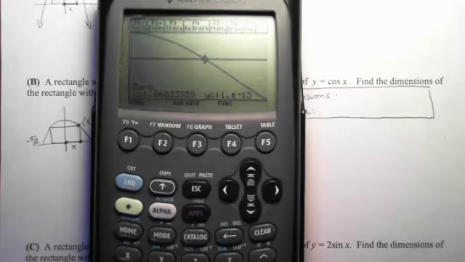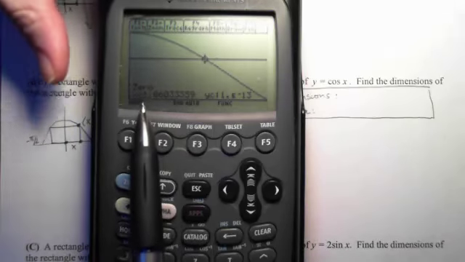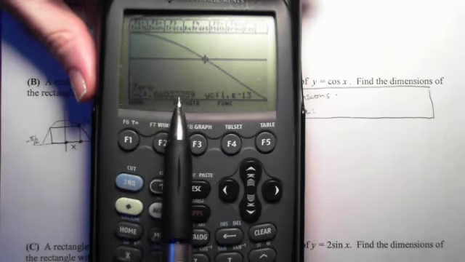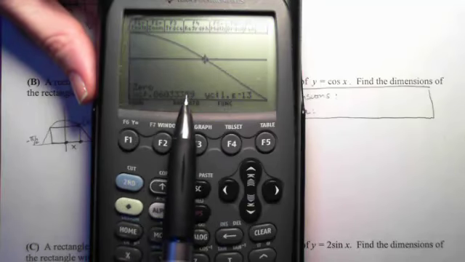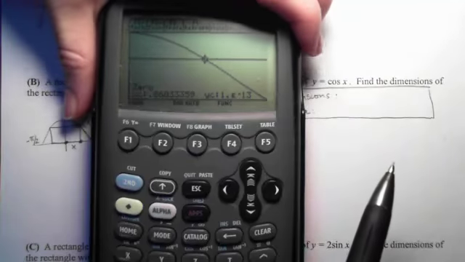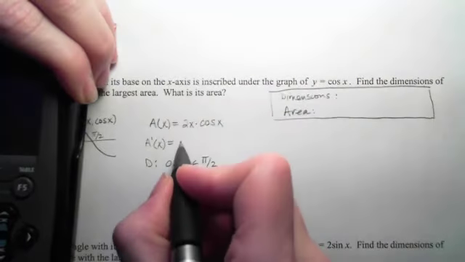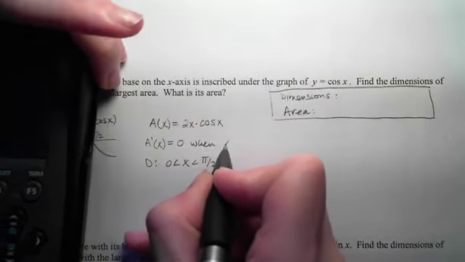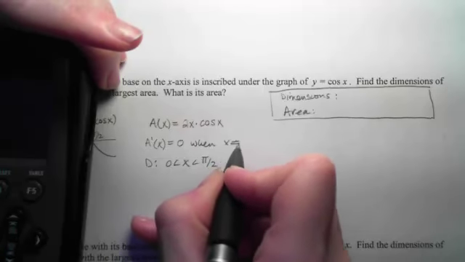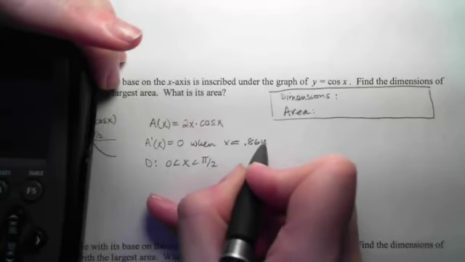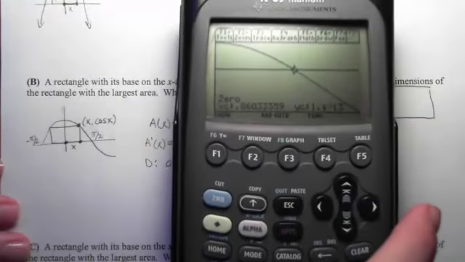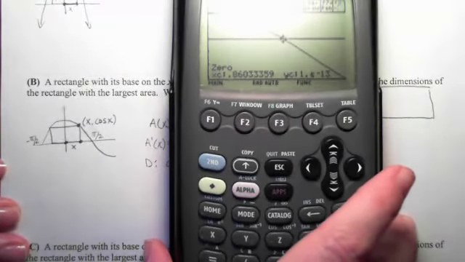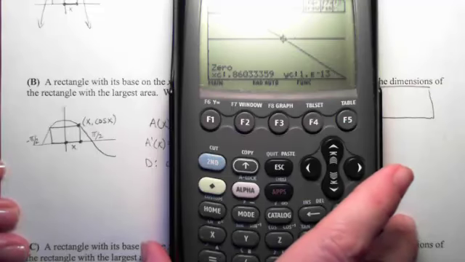And I can see that my XC is 0.8603359. That's the location at which my area will be maximized. So I can write down my x coordinate, and then I can use the fact that that x coordinate is stored in the calculator's memory as XC until I find a different XC.